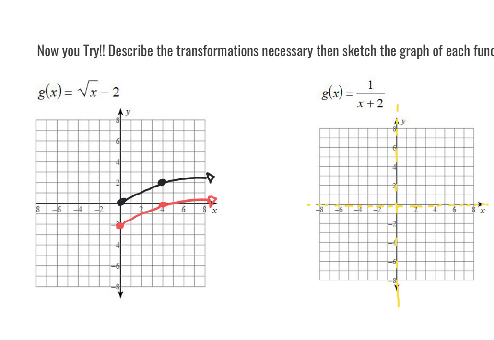And then for my parent function, 1 over 1 just gives me 1, and then everything else is getting smaller and smaller. It's important to know what your parent functions look like so you can estimate using just one of the points.